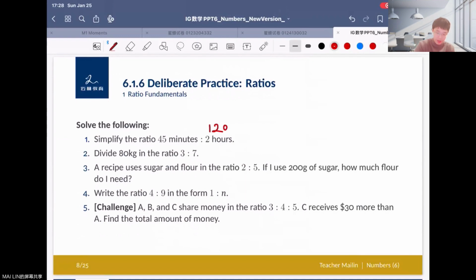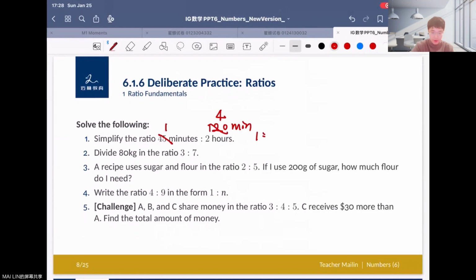For 45 minutes versus 120 minutes, we can divide both by 45. 45 divided by 45 is 1, and 120 divided by 45 gives 4, so the answer is 1 versus 4, okay?